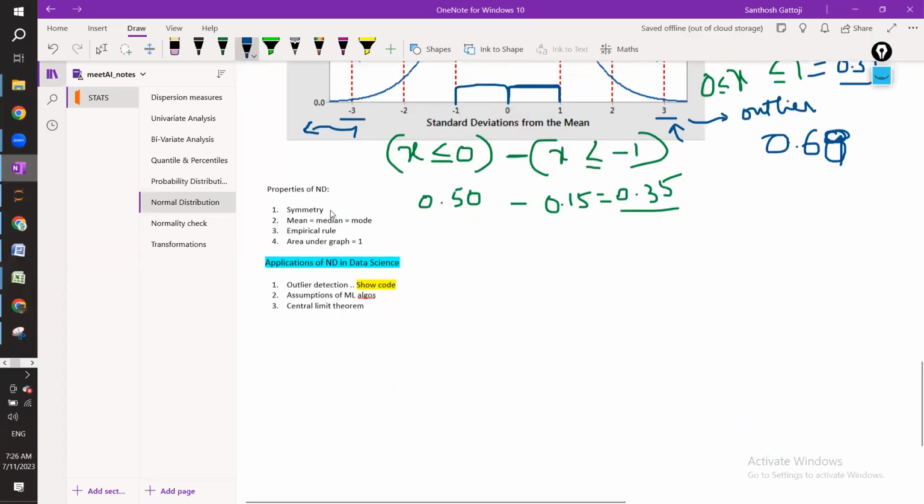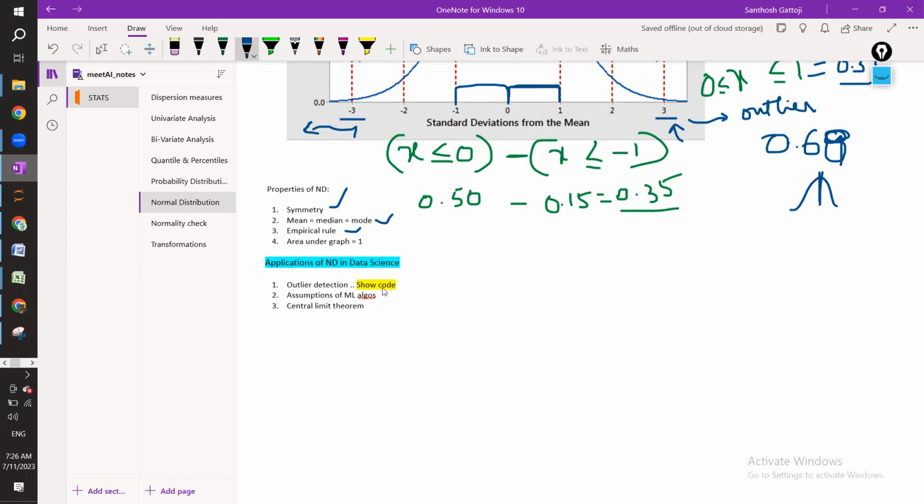As I said, symmetry is 1 point, which I've just shown you, about properties of normal distribution. And in normal distribution, mean will be equal to median equal to mode. I've told you mean, median and mode will be at the same point. Agree? And then the empirical formula can be used. That is also agreed.